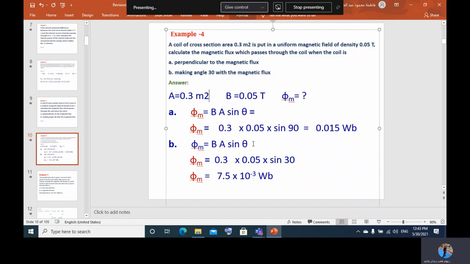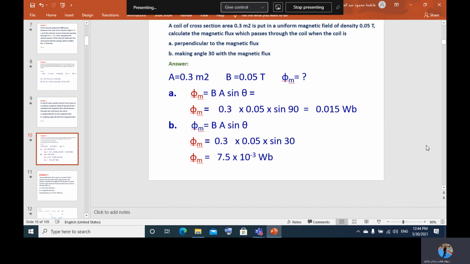I have B and A, and all I have to do is, instead of sine theta, I put sine 30. And if I plug in the numbers, I will get phi m equals 7.5 times 10 to the power of -3 Weber. All right, so this is the magnetic flux he wants, 7.5 times 10 to the power of -3 Weber.